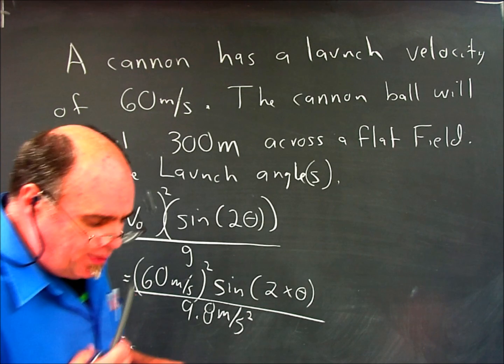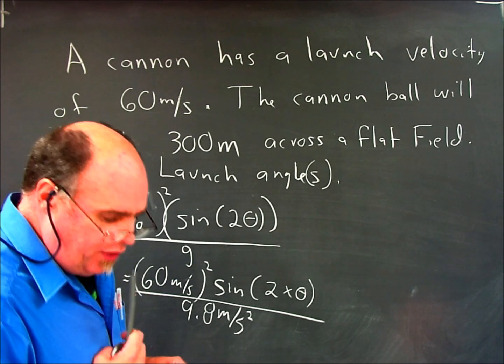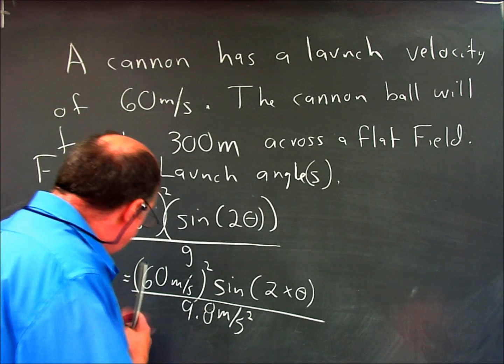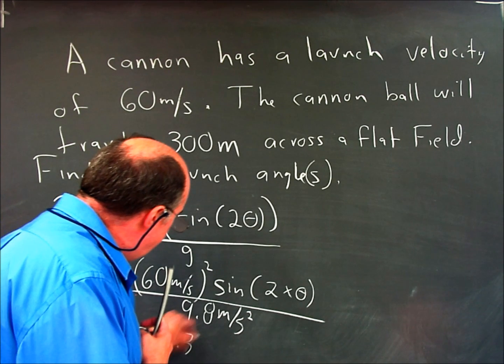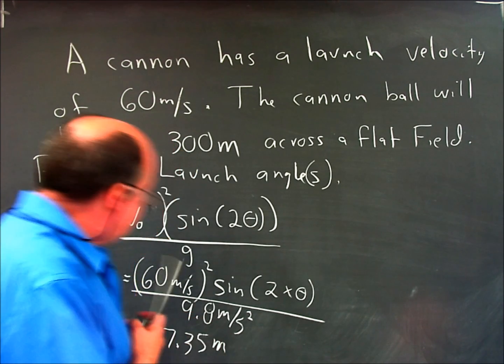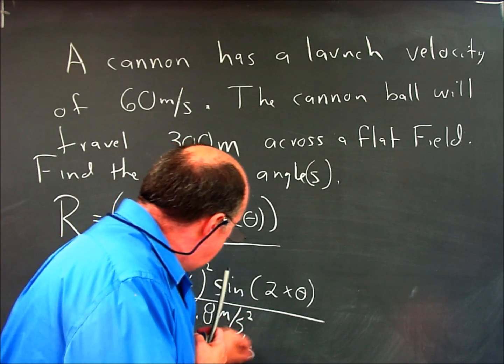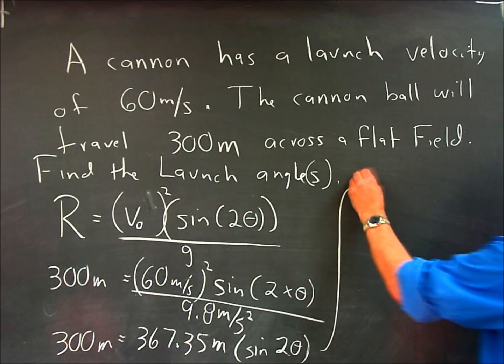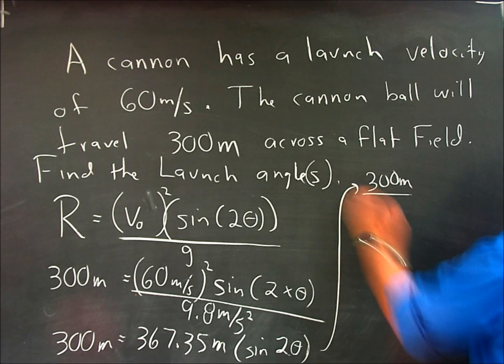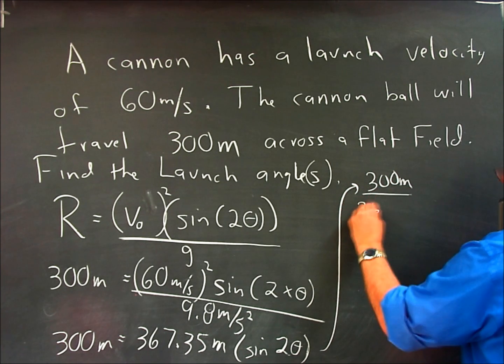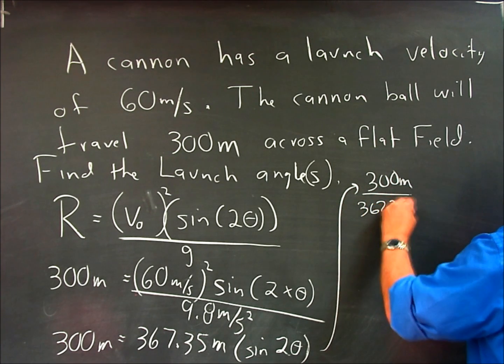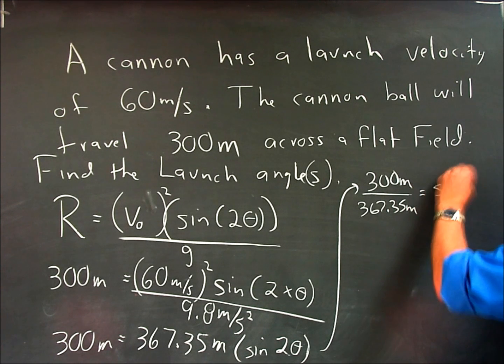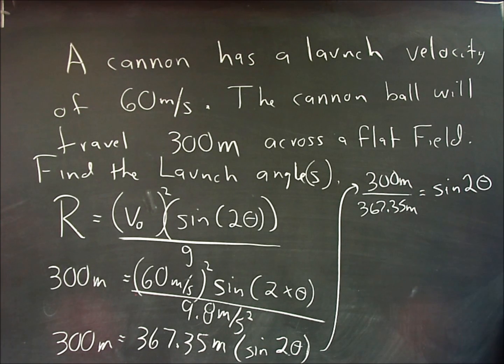It comes out to be a number on my calculator, 367.35, and the only thing that's left is meters there, times the sine of 2 times the angle. So if I take 300 meters divided by 367.35 meters equals the sine of 2 times the angle, then I have to do that division.